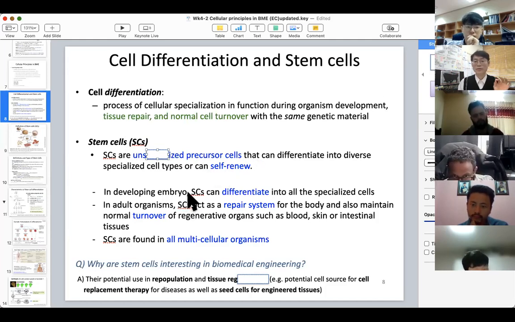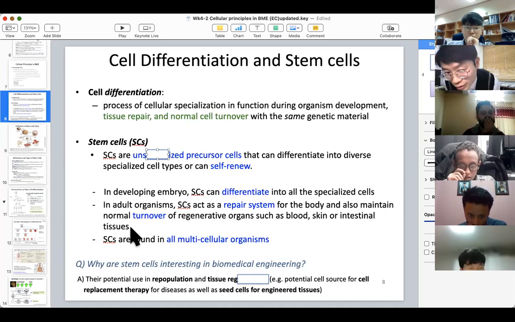In a developing embryo, stem cells can differentiate into all the specialized cells, and that's the power and interest of stem cells. And in adult organisms like us, stem cells, as I discussed right before, act as a repair system for the body, and also maintain normal turnover of regenerative organs such as blood, skin, or intestinal tissue.